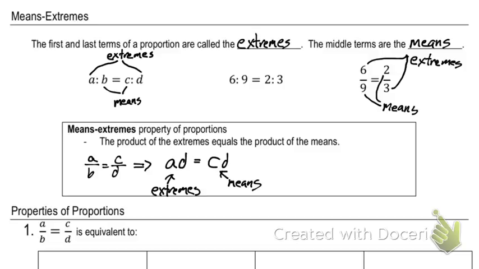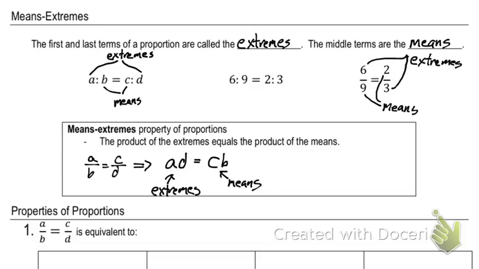Yes? Wait, aren't they both, you put down A? Oh, I meant B. Yep. I changed my letters around. I shouldn't change them halfway through. We have A times D equals C times B. Have we seen that before? If I have fractions on either side, I just take the top, multiply the bottom of the other one, and this is cross-multiplying.